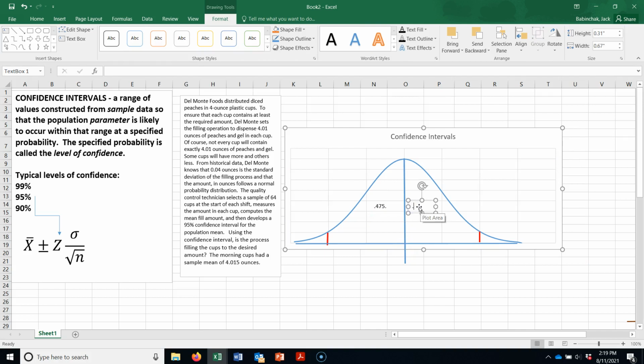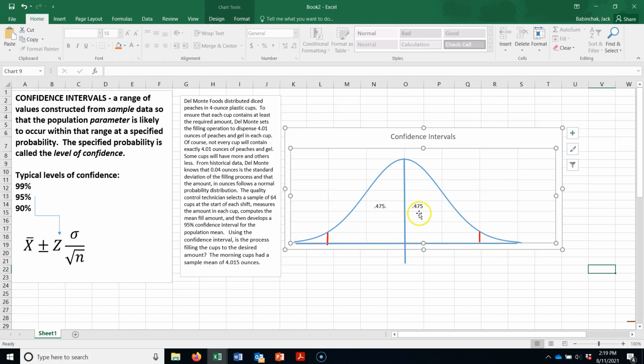And I also know this side of the curve has to be 0.475. Because 0.475 and 0.475 added together equal 95%. And so this area under the curve is 95%.